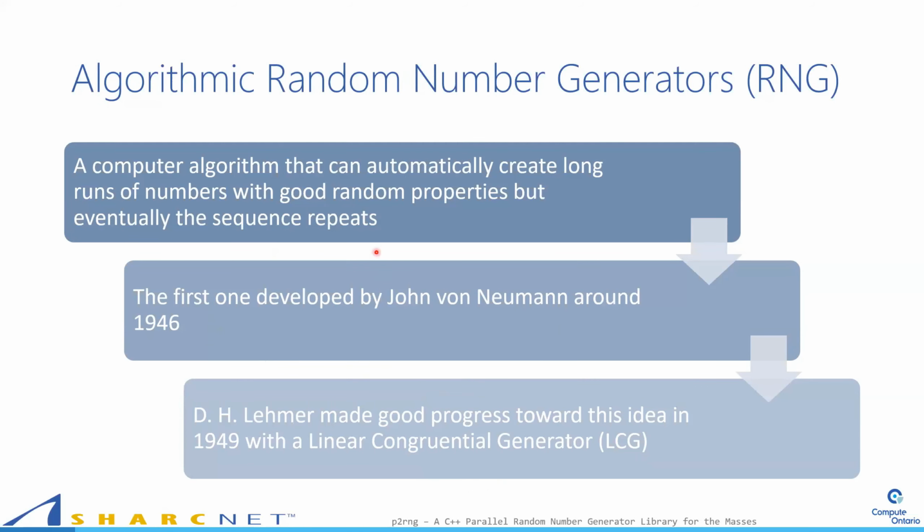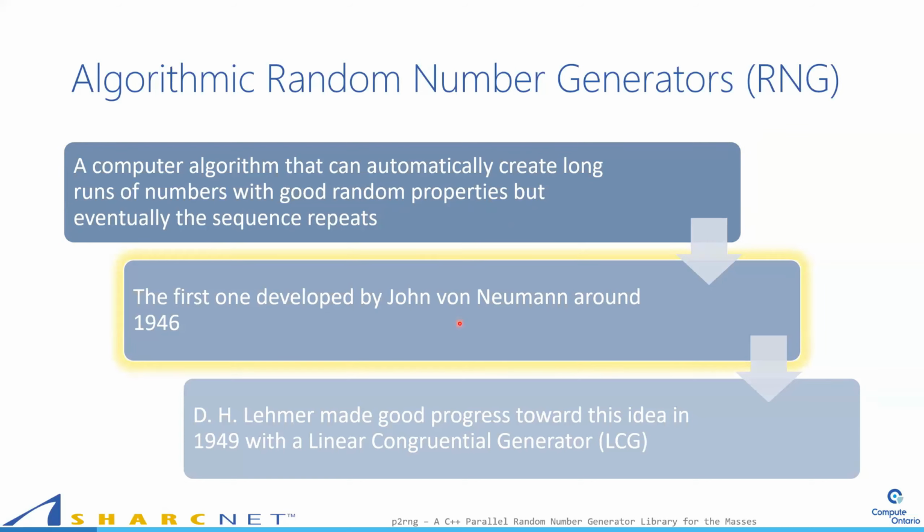Let's get back to our interest, which is algorithmic random number generators. Algorithmic random number generators are computer algorithms that can automatically create long runs of numbers with good random properties, but eventually the sequence repeats.